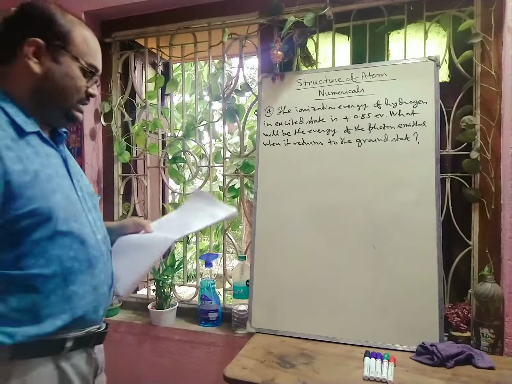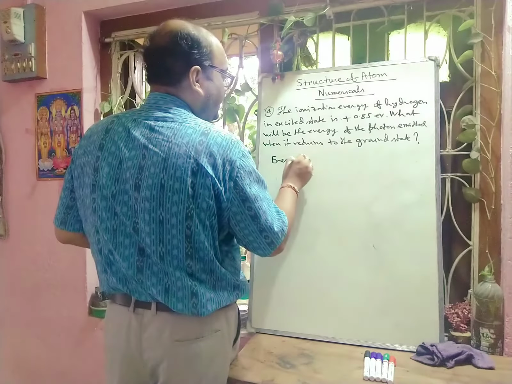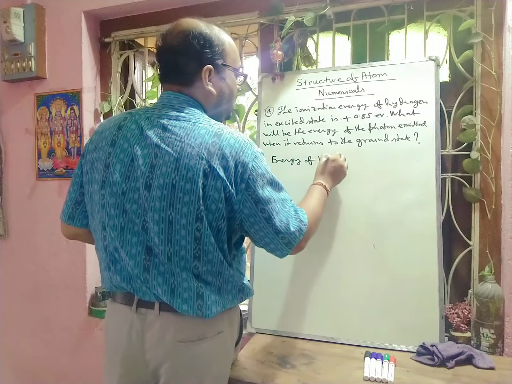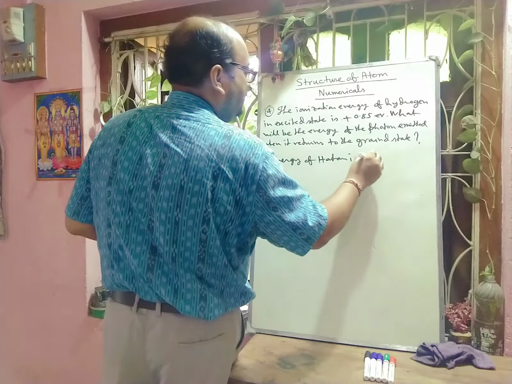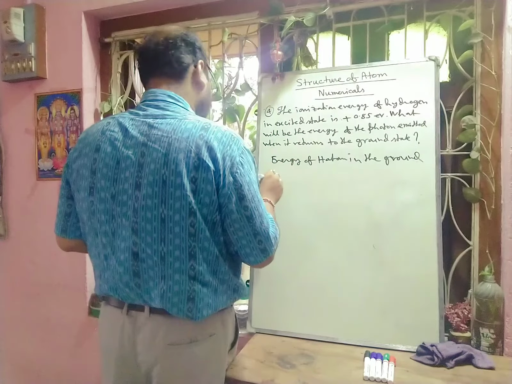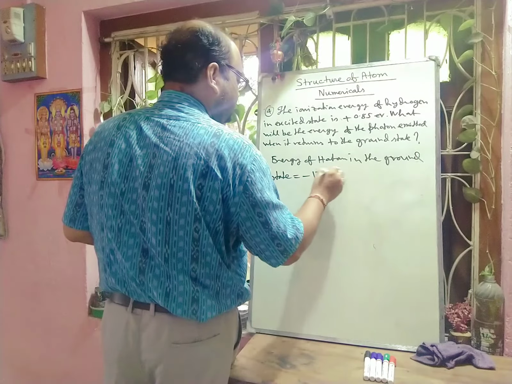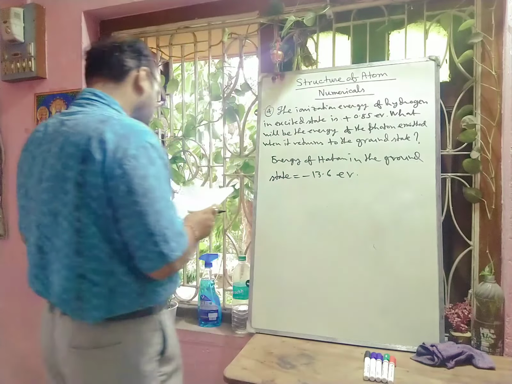So we know that energy of hydrogen atom in the ground state is equal to minus 13.6 electron volt. Okay.